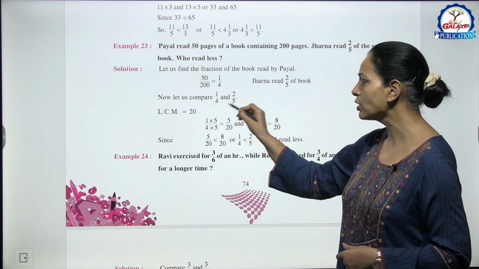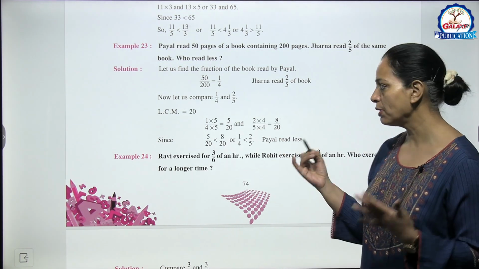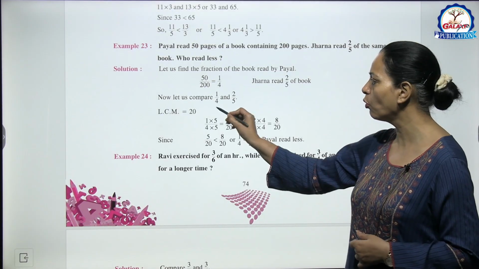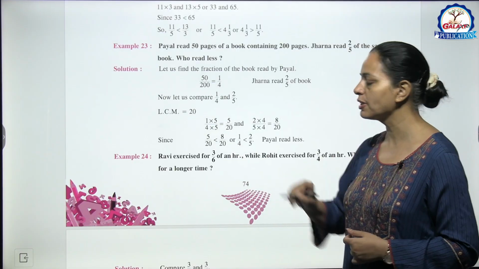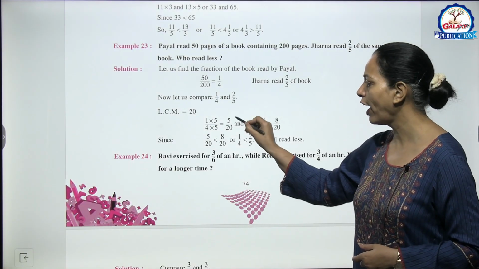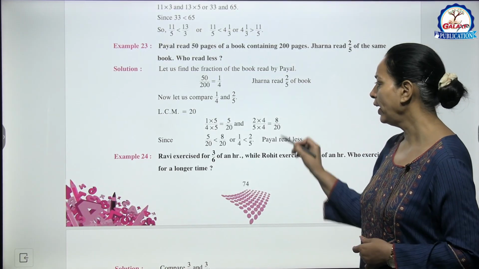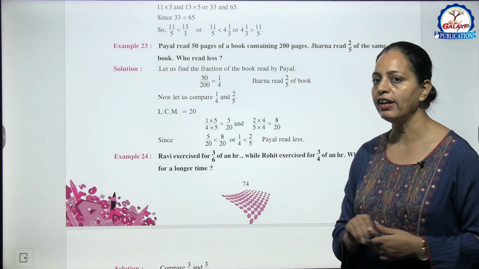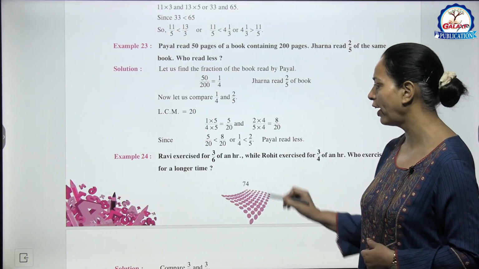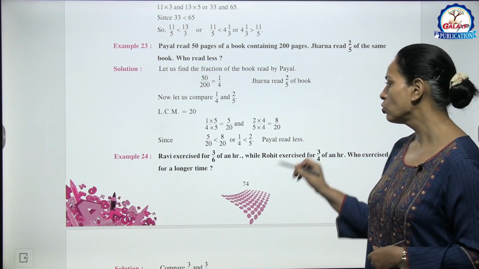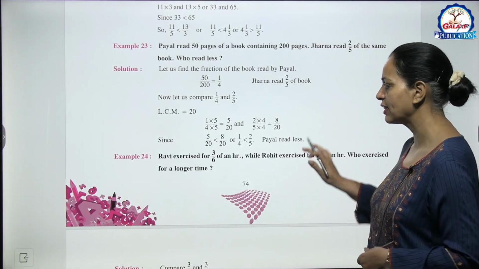We can cross multiply, and we can also do it by taking the LCM of the denominators. So LCM is 20. So this becomes 5 upon 20. This becomes 8 upon 20. So 8 upon 20 is greater than 5 upon 20. That's why 2 by 5 is greater than 1 by 4. So Payal read less.